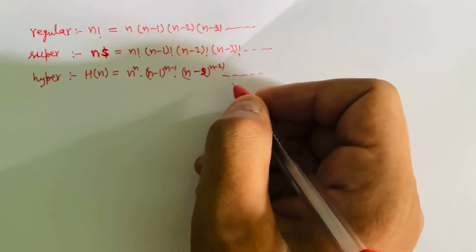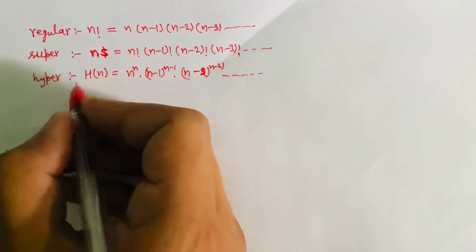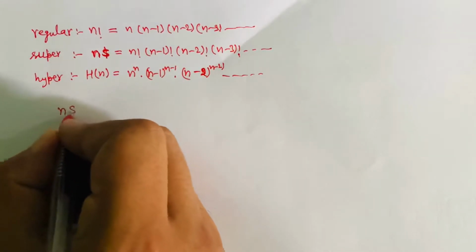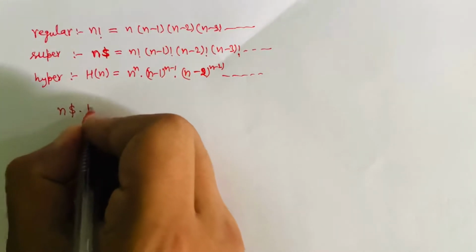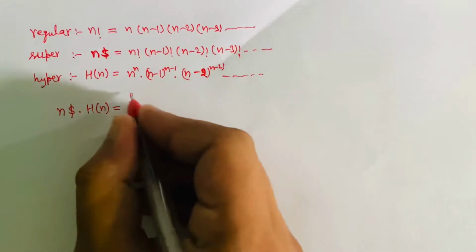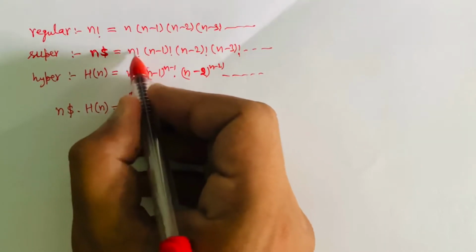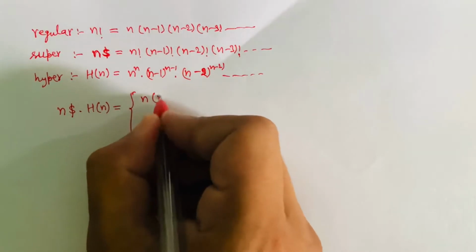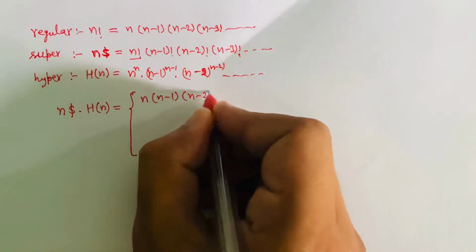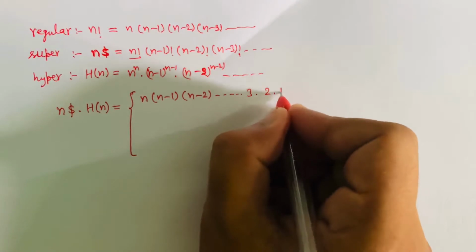Now I'm going to multiply the superfactorial and the hyperfactorial. So we can write superfactorial into hyperfactorial. What will be the product of these two? I'm going to expand this one: n factorial is n, n minus 1, n minus 2 up to 3, 2 and 1.